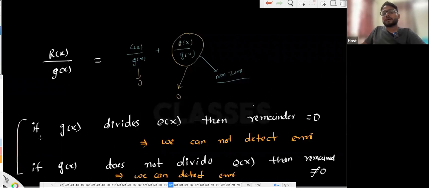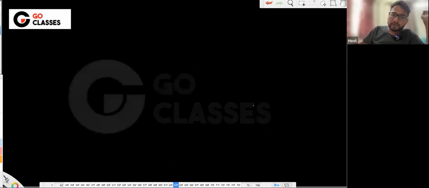Okay. So this will be the analysis that we are going to do. If this is my generator, what kind of errors can it divide? I mean, what kind of polynomials can it divide, and what kind can it not divide? Given a generator, I will just say what kind of error it can divide. For example, suppose your Gx is x power 5.